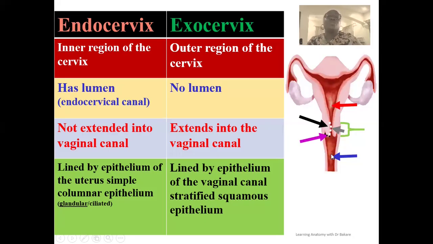So you see that the different sub-regions of the cervix are lined by epithelium of the structures that are located close to them. So these are the differences in tabular form between the endocervix and the ecto or the exocervix. And it's good we're able to put this together in a tabular form in case we're asked during examination.